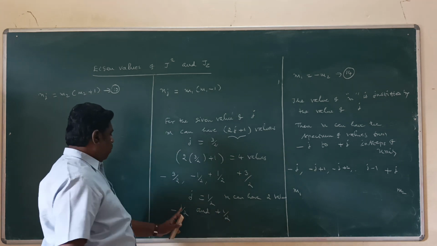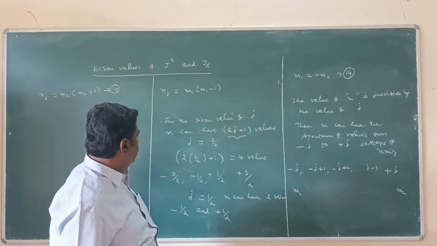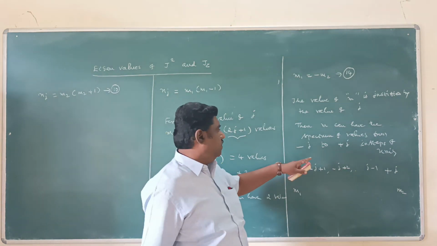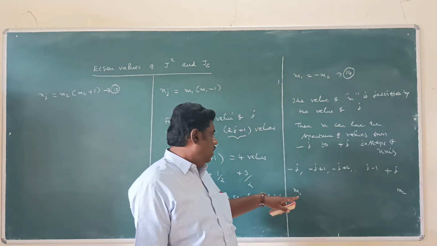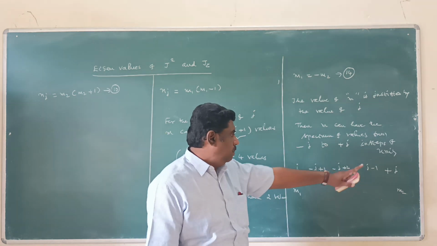See here, one value is differing from another in steps of 1 unit. So the value of m is justified by the value of j. The lowest value of m is minus j and the highest value of m is plus j.